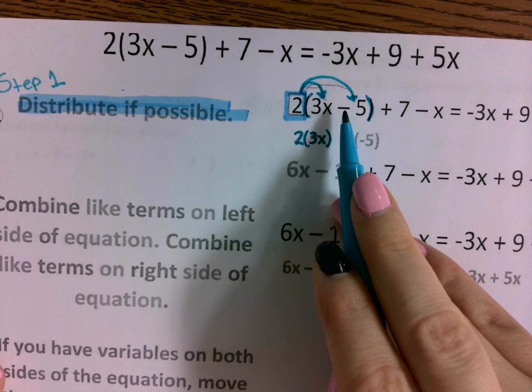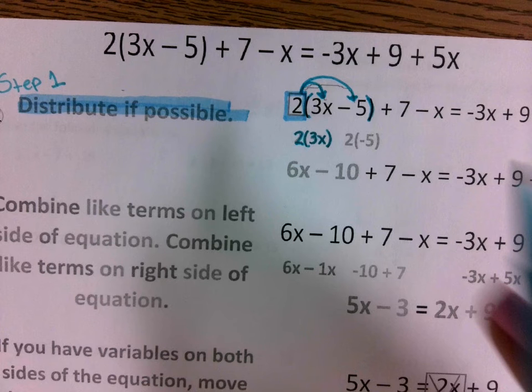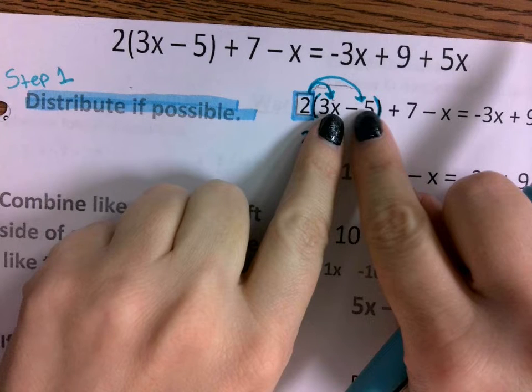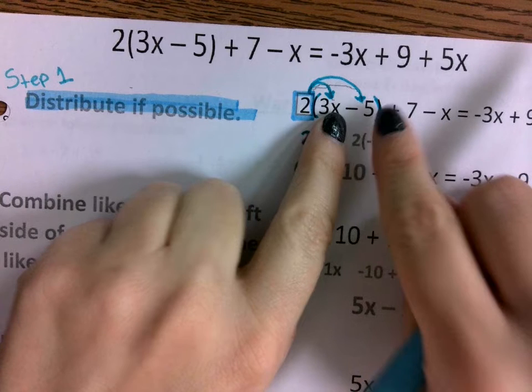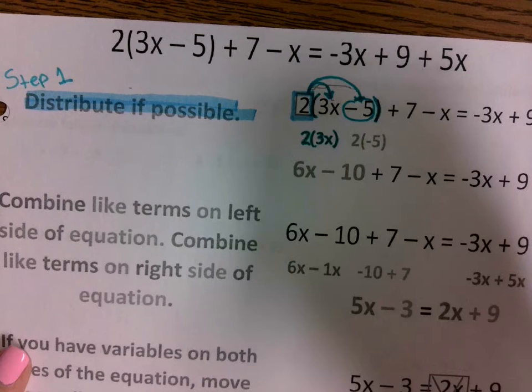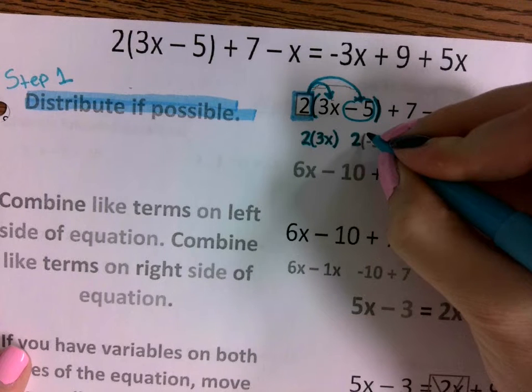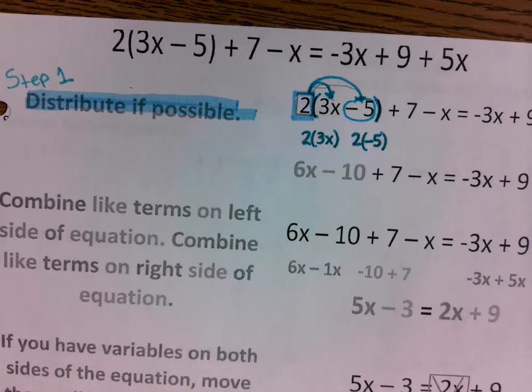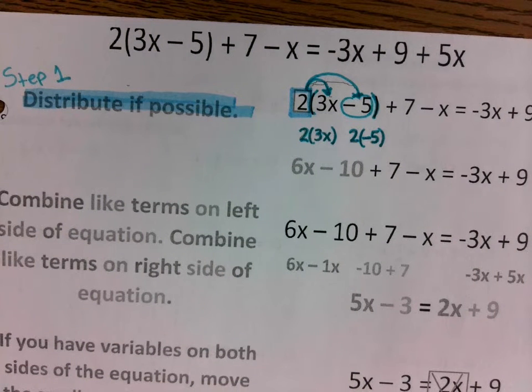So this is a positive 3x. When you separate them, this becomes a -5. That -5 takes on a -5 quantity. So you're doing 2 times -5, and by doing so, it changes to the following expression.